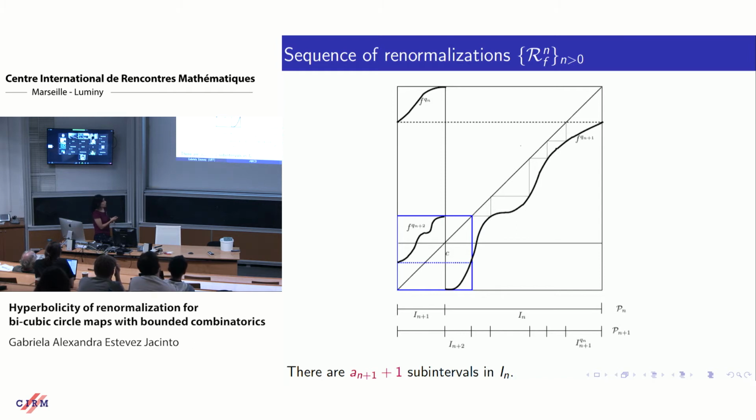You consider this endpoint, and you start to iterate until you pass from positive to negative image. So at that moment, you form this blue box. Inside that box, you have this part of the map that you had before, and this one corresponds to an iterate of the old one with a certain number.